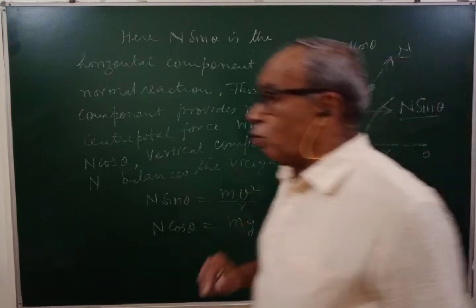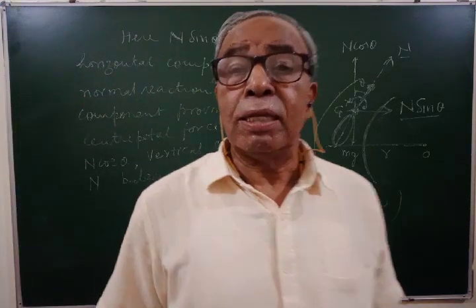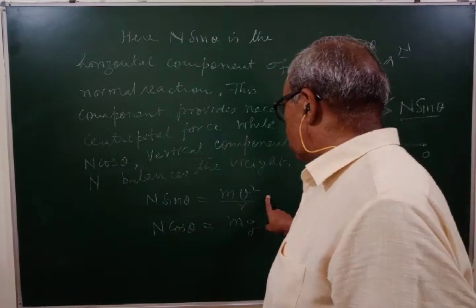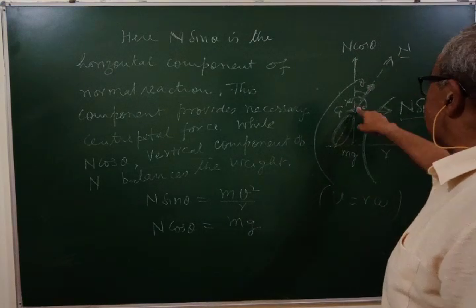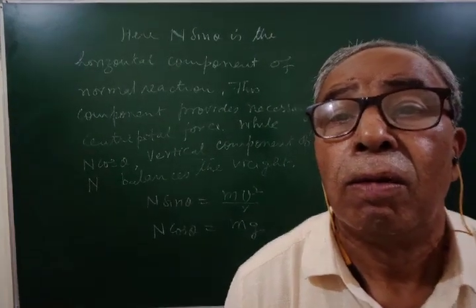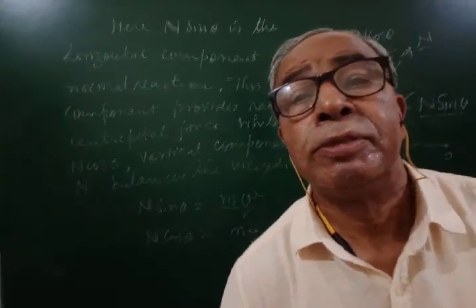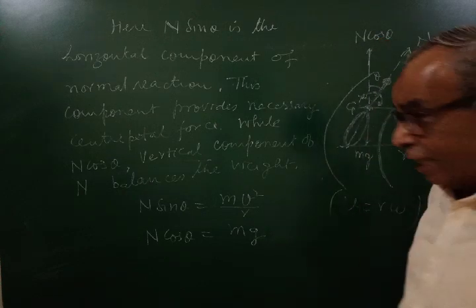N cos theta is balancing the weight, ना भाई. N sin theta equal to m v square by r. N sin theta is the horizontal component of normal reaction which provides necessary centripetal force, while N cos theta is opposite to the weight and balances it.